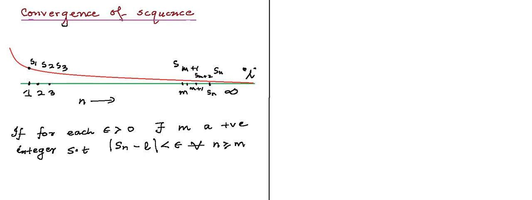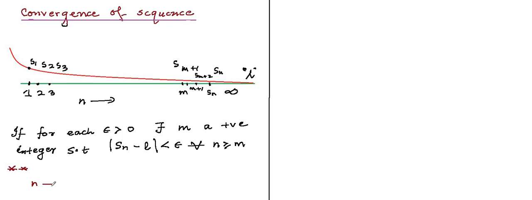A sequence Sn is said to be convergent to a real number L if for each epsilon greater than 0, there exists a positive integer m such that the distance between Sn and L is less than epsilon, for all n greater than or equal to m.